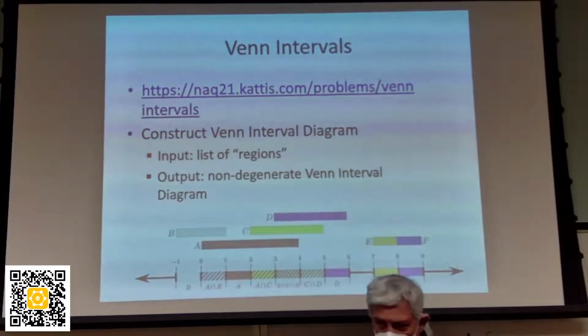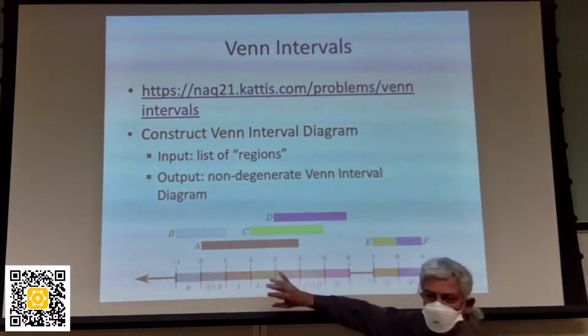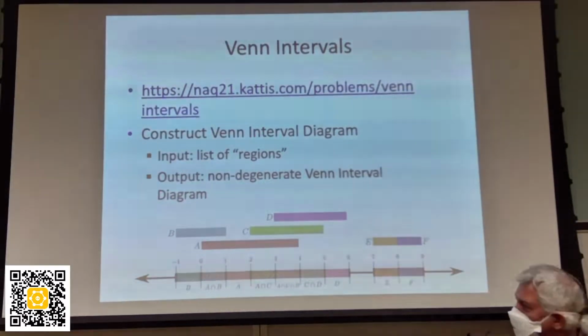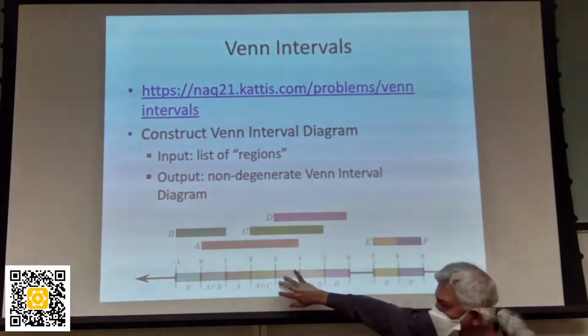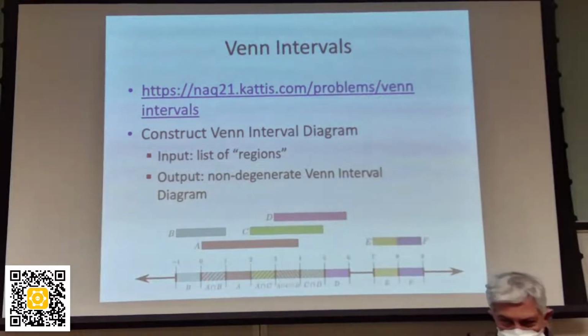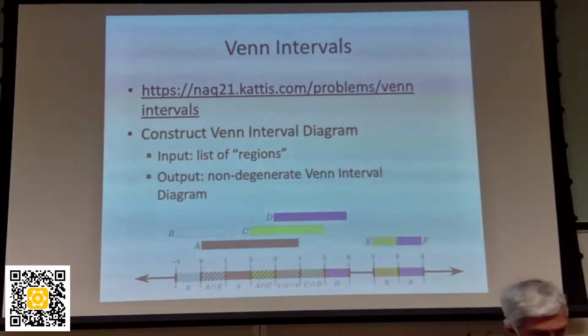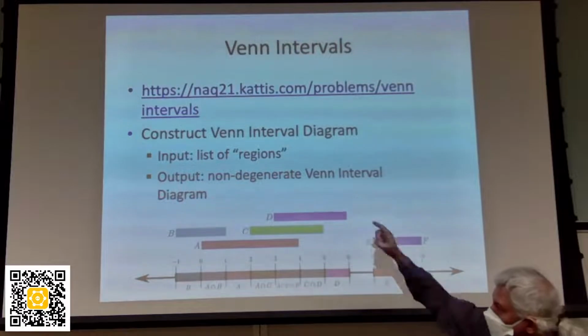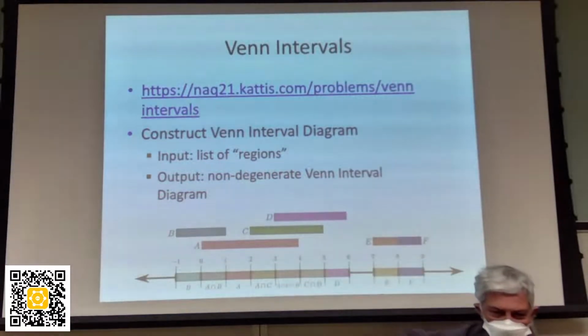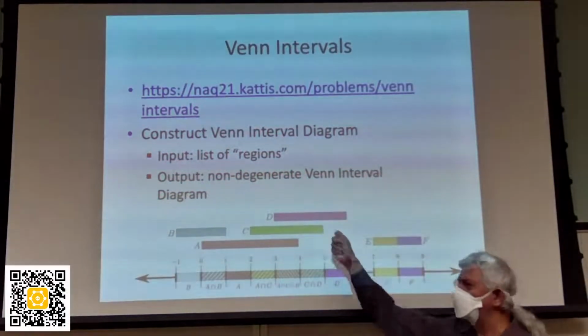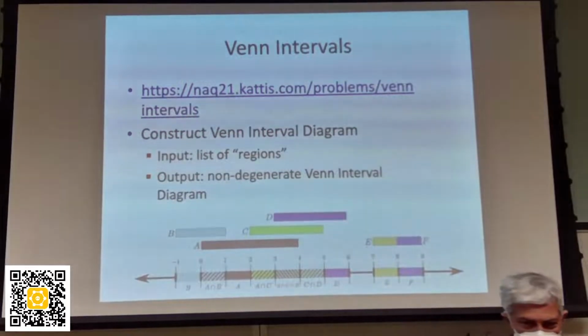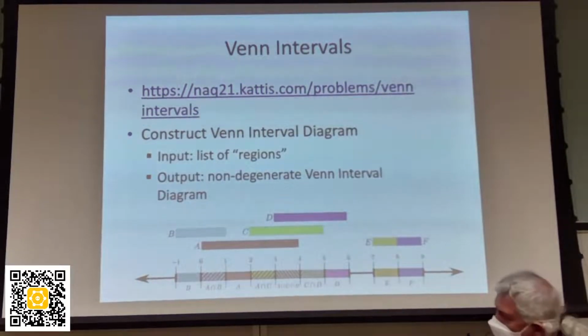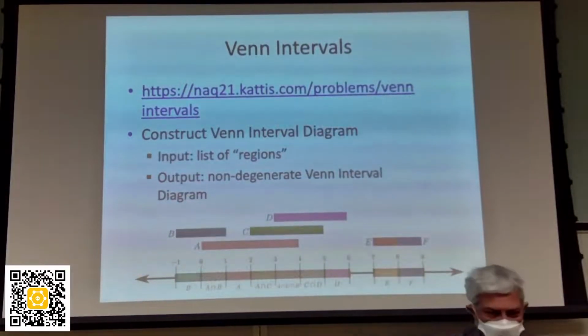Are you with me so far? Sets, regions. If I'm given sets, I can figure out the regions quite easily. But now the problem is you're given this instead of that, and you're supposed to figure that out. So you're given the regions, and you're asked to figure out the sets.